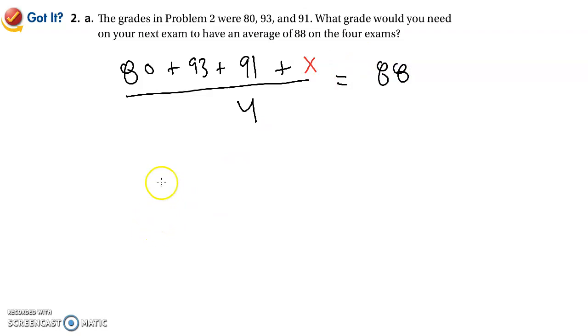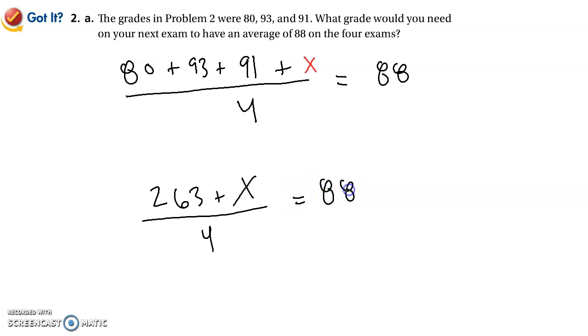Well, this would be the same thing. I add these together, and I would get 263 plus x divided by 4 is equal to 88. Then I would multiply 4 on both sides, and I get 352.